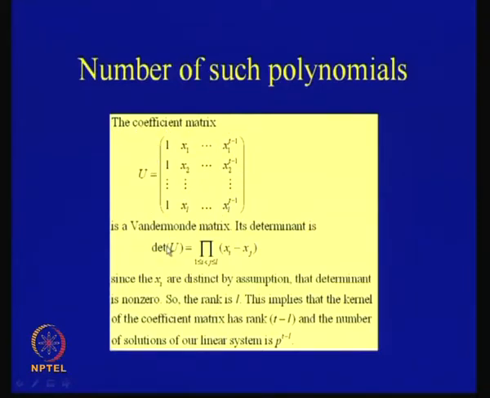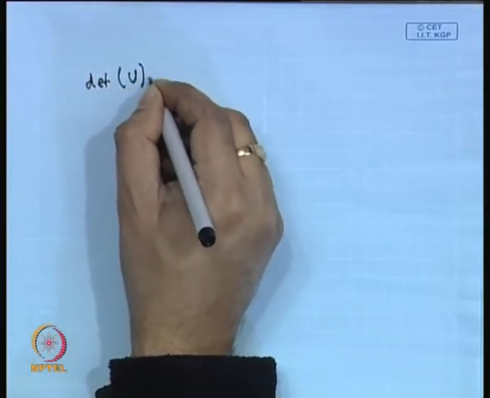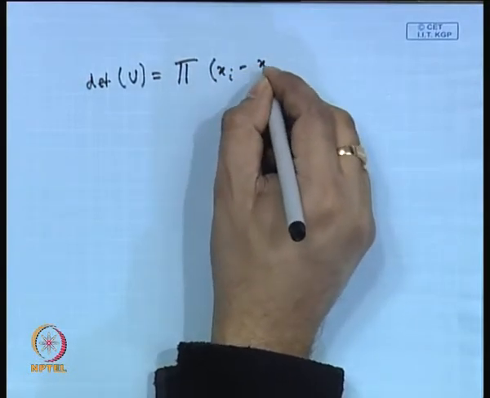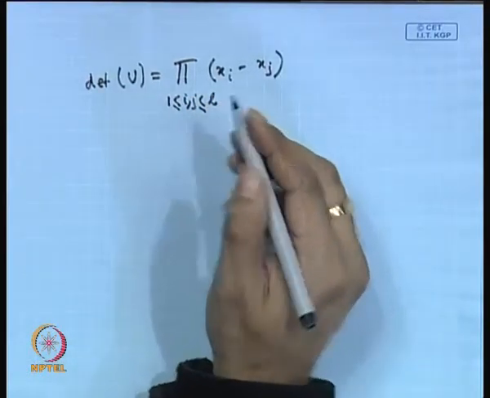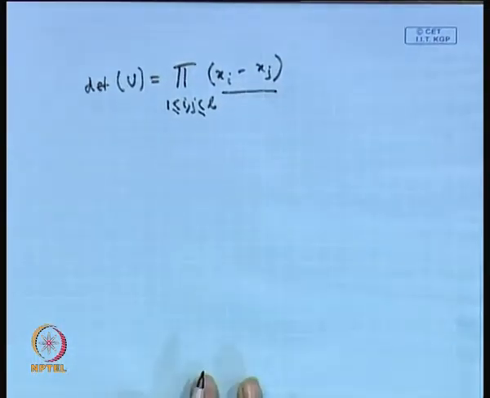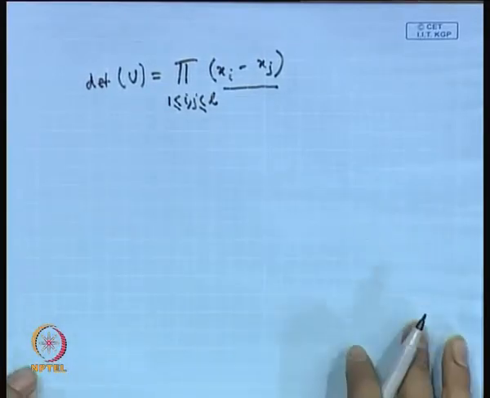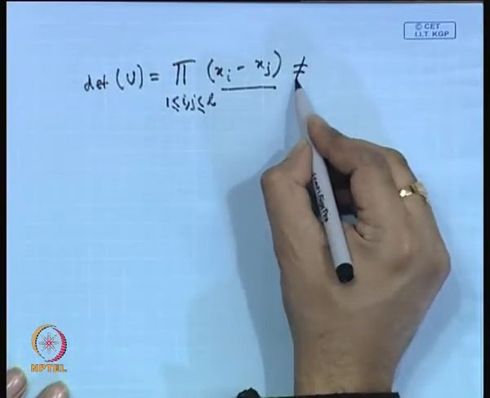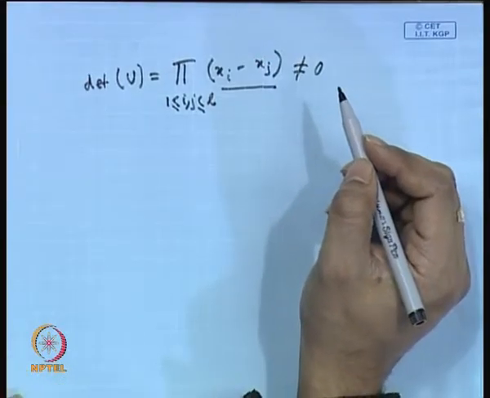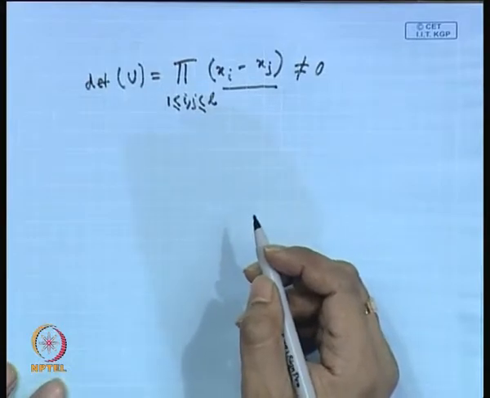This is commonly known as the Vandermonde matrix, and its determinant is given by the product of (x_i minus x_j), where i and j run from 1 to L. Note that if x_i and x_j are always distinct, that is, all the x values are distinct, then this is a non-zero determinant, and if the determinant is a non-zero value, the rank of this matrix is actually L.